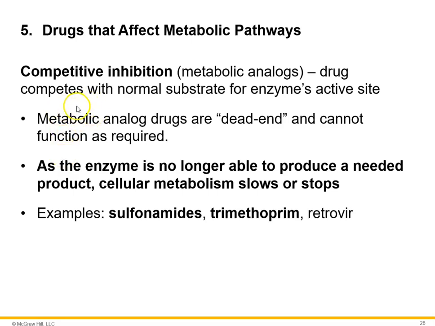The problem with this is when a competitive inhibitor binds to the enzyme, it cannot go on to become the products that enzyme normally makes. So that metabolic pathway that relies on that product being made gets shut down, and this results in cellular metabolism slowing or stopping. The examples we'll talk about are going to be sulfonamides and trimethoprim.